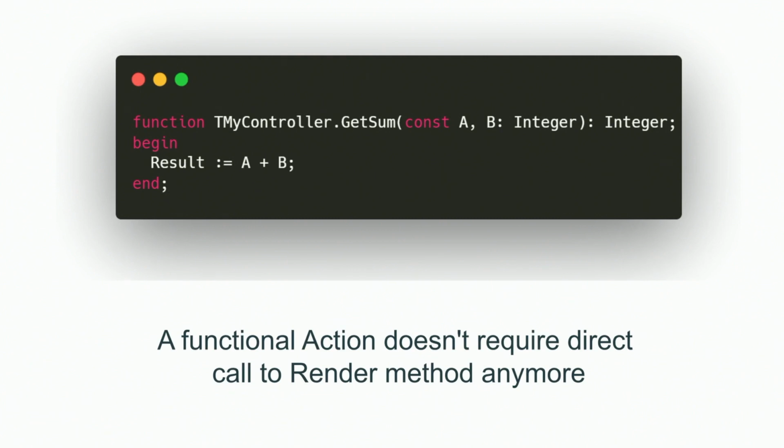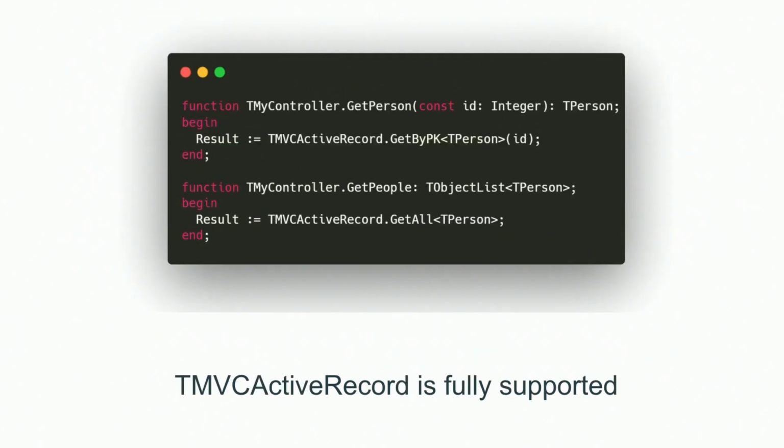This is the implementation, just plain methods. You don't know nothing about HTTP protocols. For simple case, the functional action makes it even simpler to use the DMVCFramework. For complex case, you can just use it using IMVCResponse.